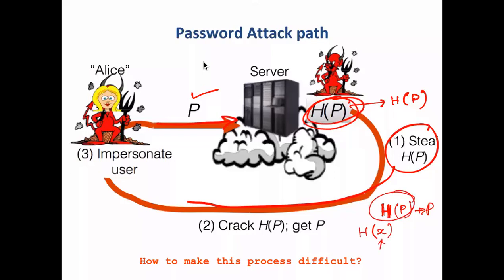So for different values of X, whatever combination of letters, digits, words, whatever the way the password is formed, they will apply them one by one, get the value of H(X), and compare it with H(P), which is Alice's hashed password. If for a specific value of X, H(X) matches H(P), then X is the password. All right, got it?